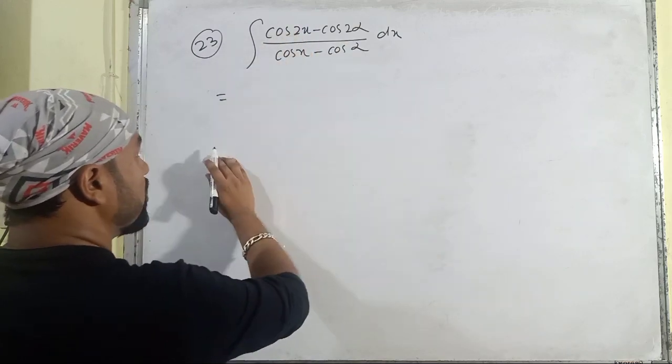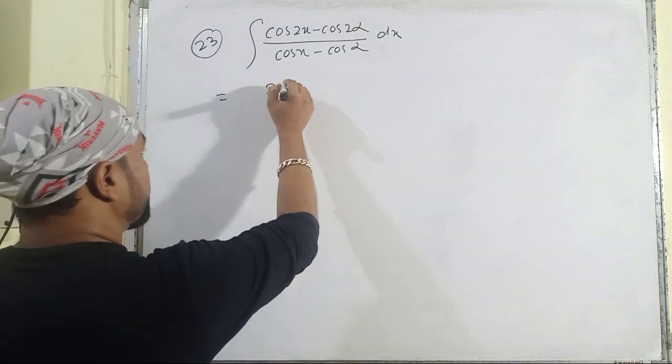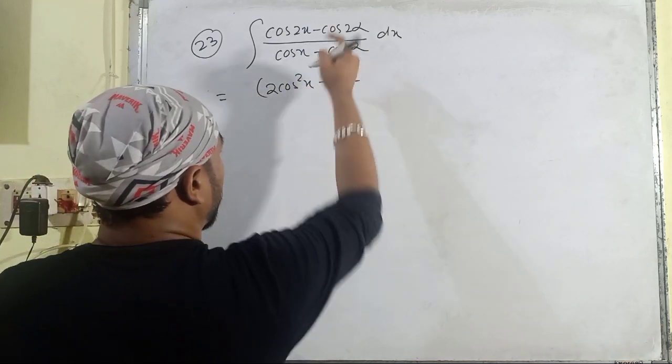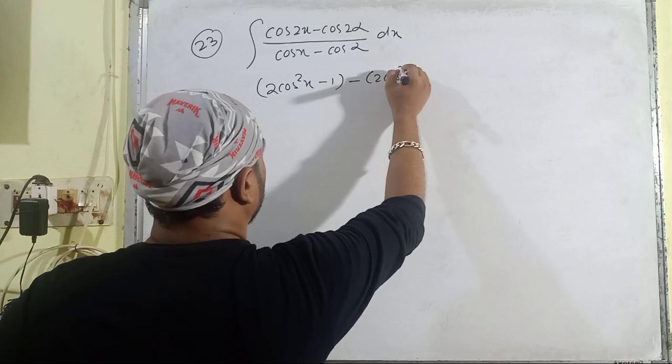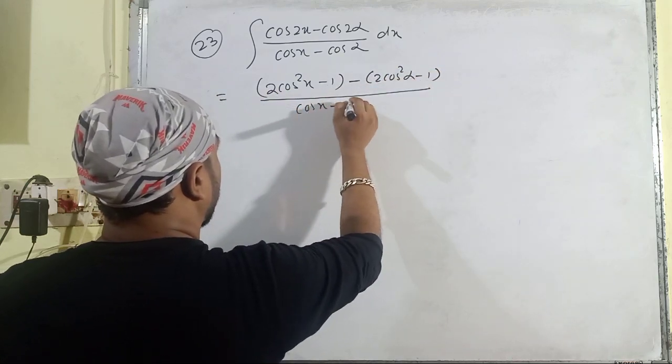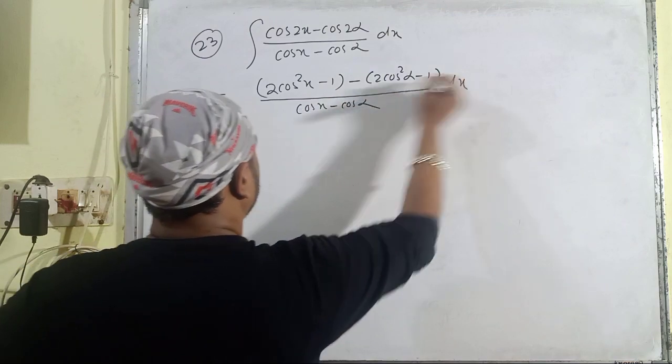First of all, let us put the value of cos 2x, which is 2 cos square x minus 1, minus the value of cos 2 alpha, which is 2 cos square alpha minus 1, whole divided by cos x minus cos alpha.